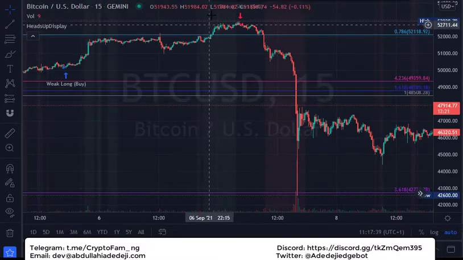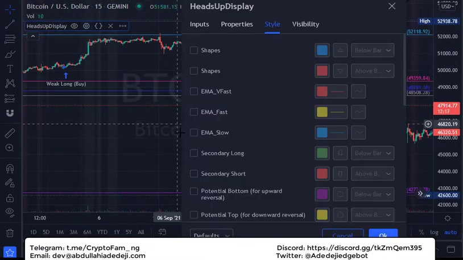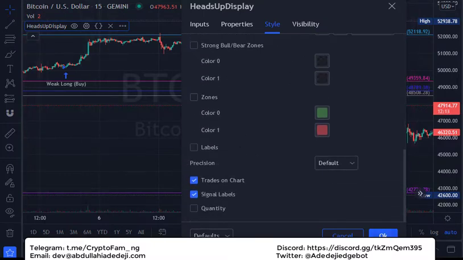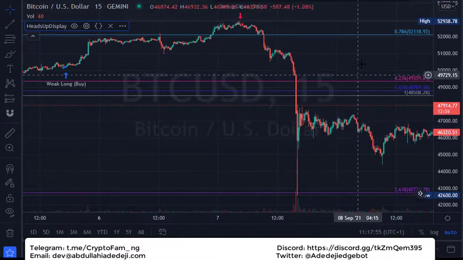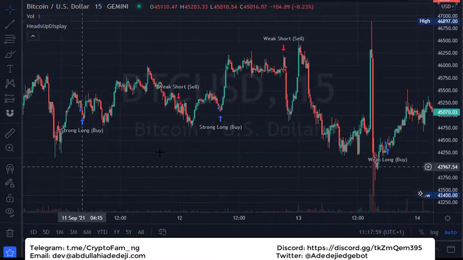You can see that. So you've got multiple tools telling us different things, and it's up to us to make use of all the information we've got at our disposal to take a trade.